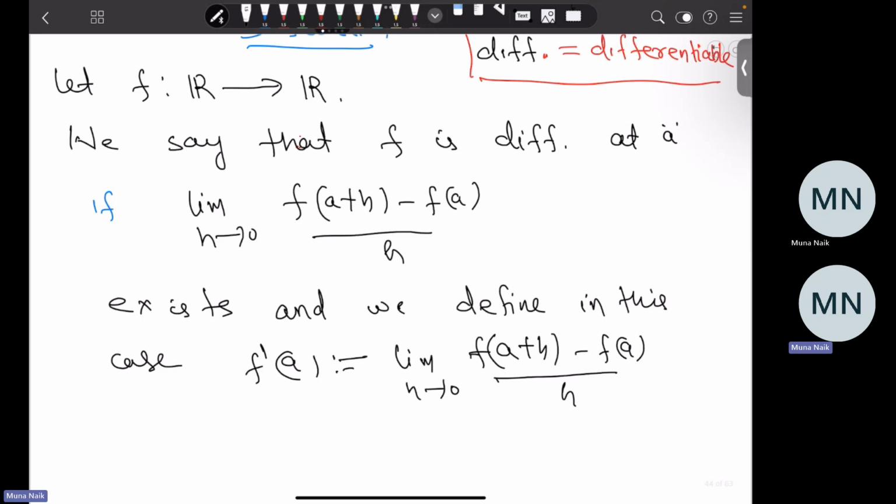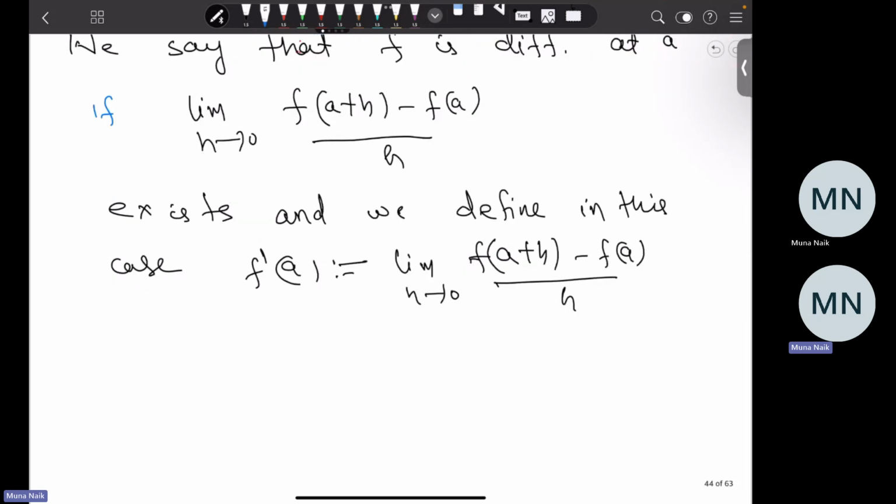Now we want to define this notion for a function from Rn to Rm. Suppose f is a function from Rn to Rm and a belongs to Rn.